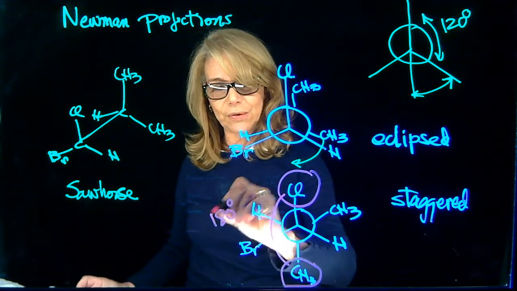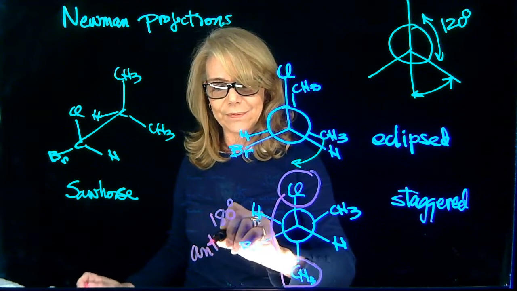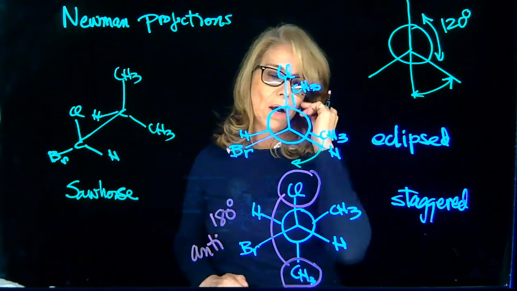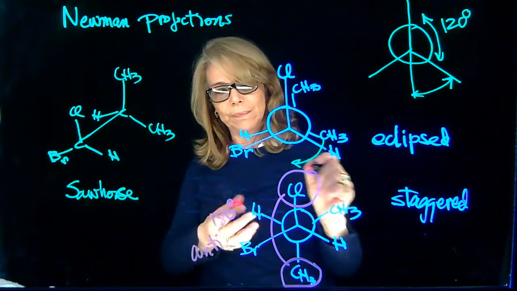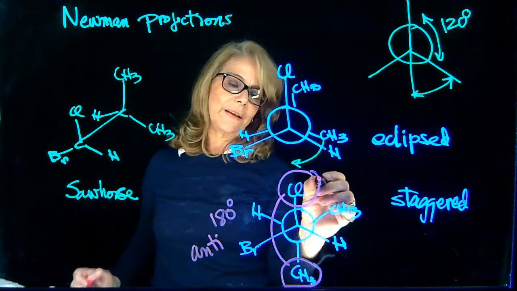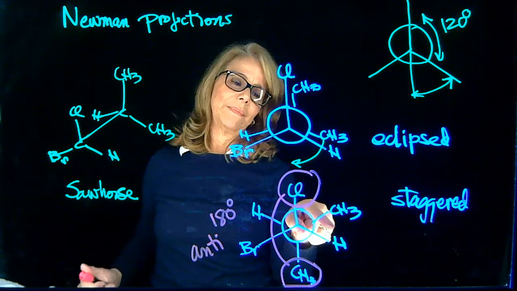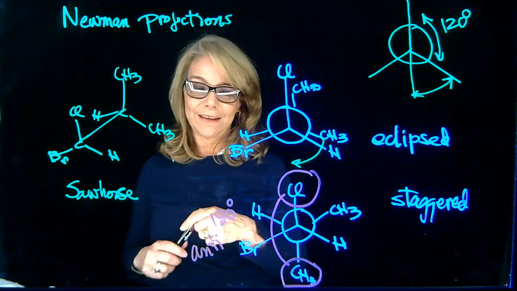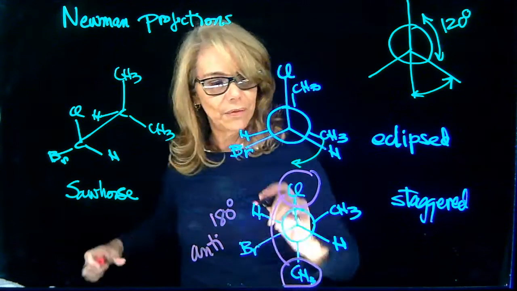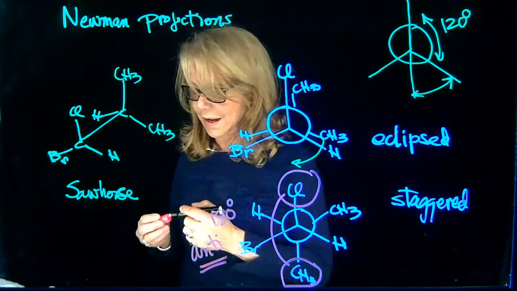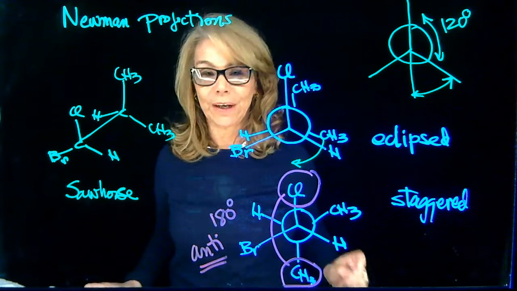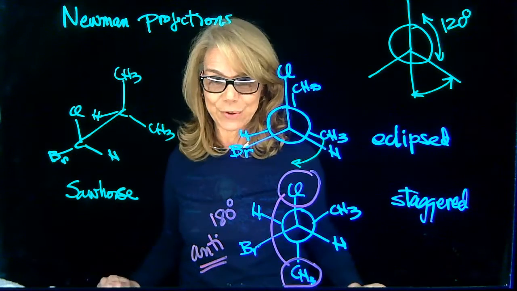So we say those two are anti. And when things are in a different conformation, say that they are not 180, but at 60, we say that's gauche. But this is of the staggered, the anti conformation. We're going to continue doing more problems of Newman projections.